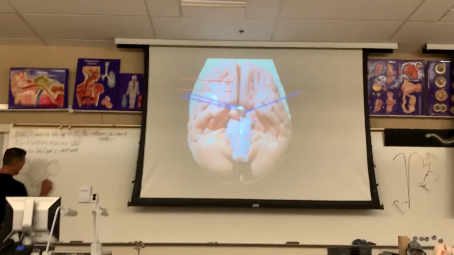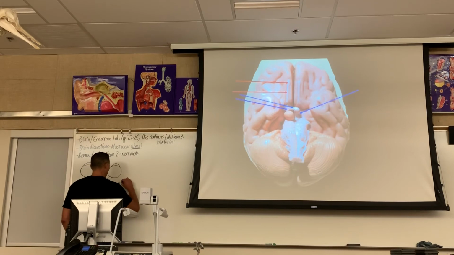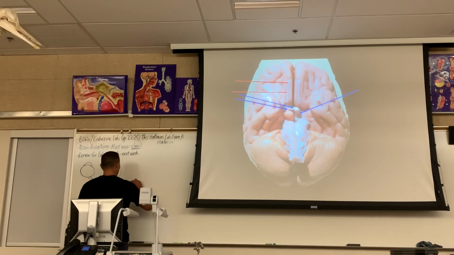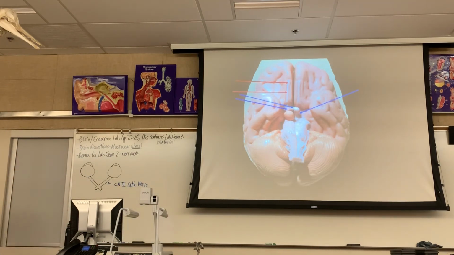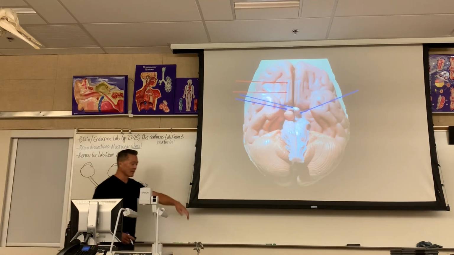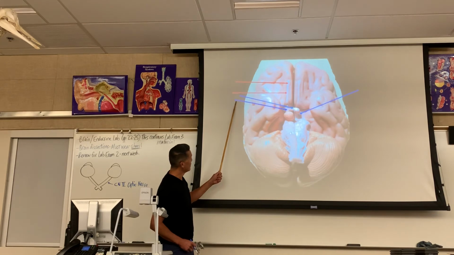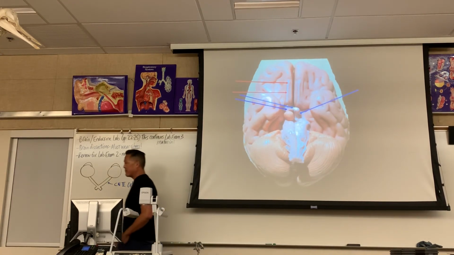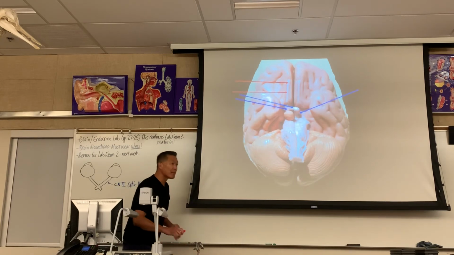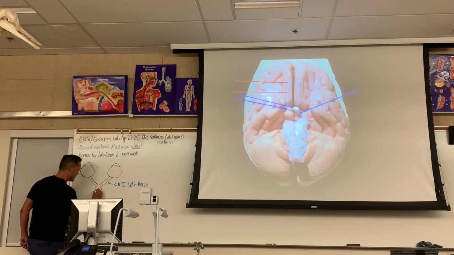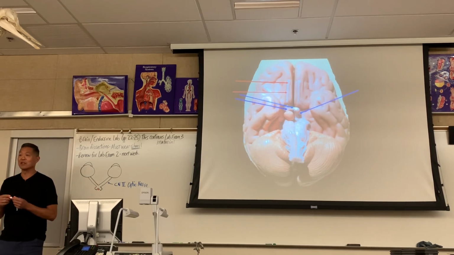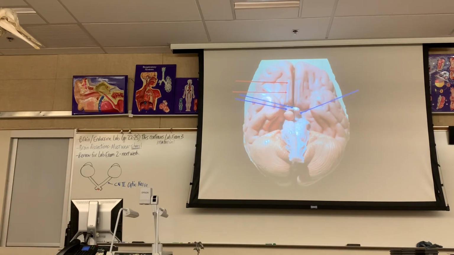The optic nerve, cranial nerve number 2, actually comes out of the eyeball. So the optic nerve only has axons from 1 eyeball. So far, so good? That is actually the dark blue arrow right here. If you think about it in terms of being an X, these are the top arms of the X. Everybody see this X right here? The top arms of the X going to the eyeballs is cranial nerve 2, optic nerve.